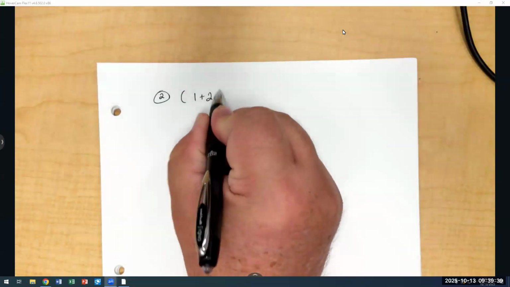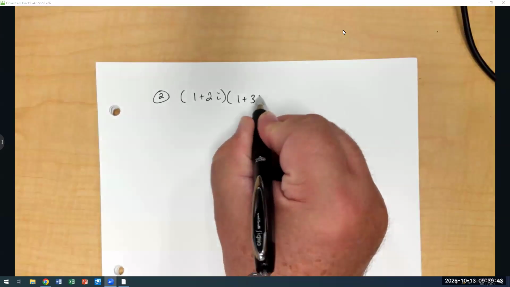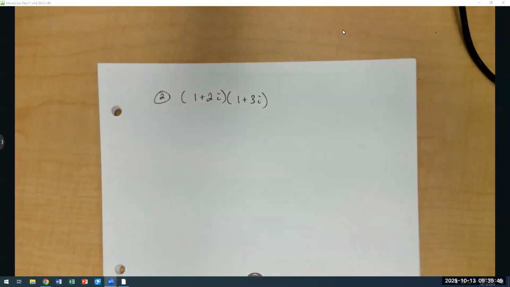Now, 1 plus 2i times 1 plus 3i. So how are you going to solve this one?